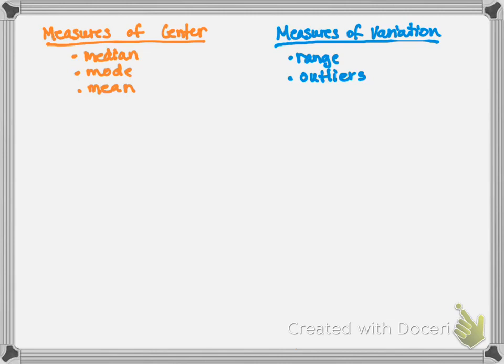Okay, so we're going to do one more example, and this one is going to want us to do median, mode, range, and outliers. Actually just median and mode, no mean, that's nice.